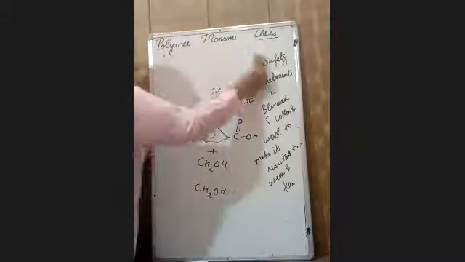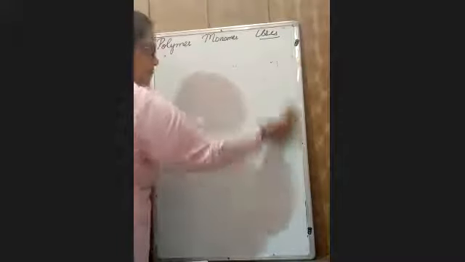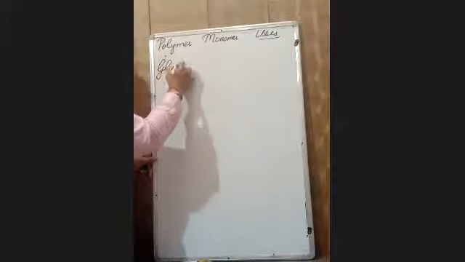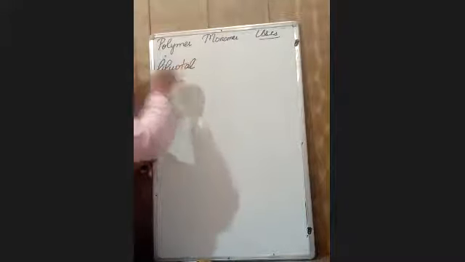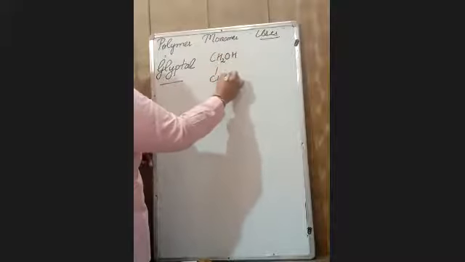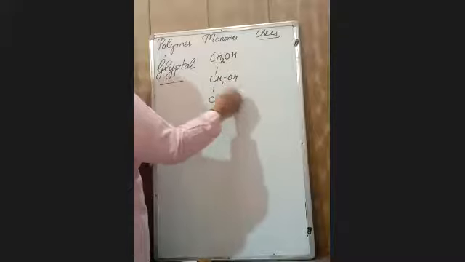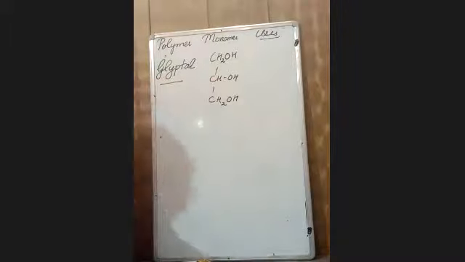Next is glyptal. Its monomers are glycerol and phthalic anhydride.